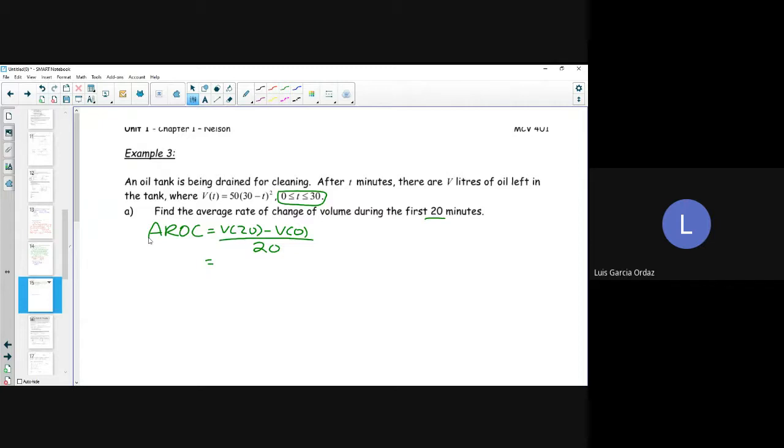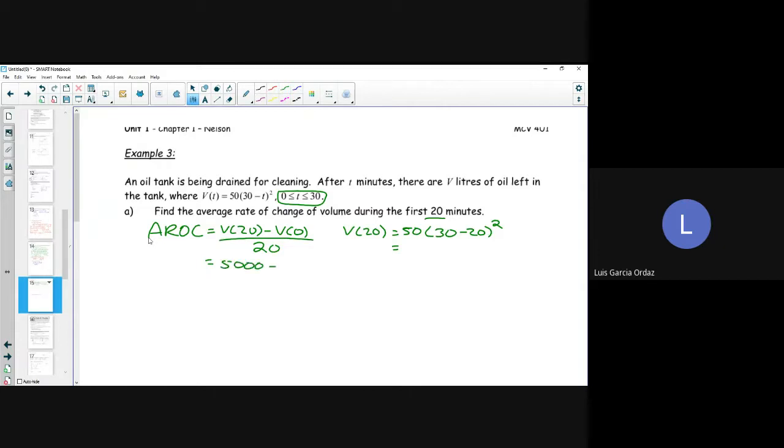So if I calculate my volume at 20 minutes, what does that give me? So V of 20 is equal to 50 times (30 minus 20) squared. What is my volume at 20 minutes? 5,000 liters.